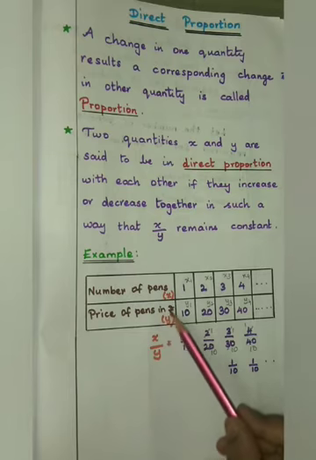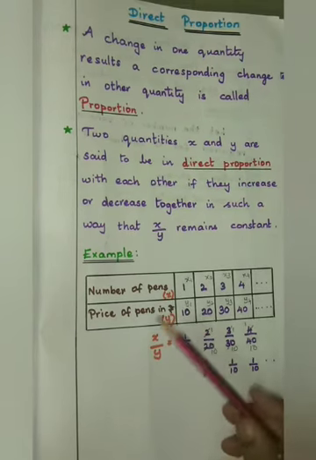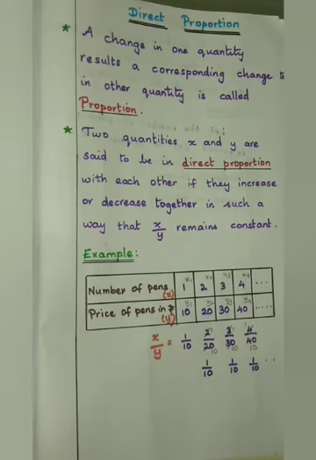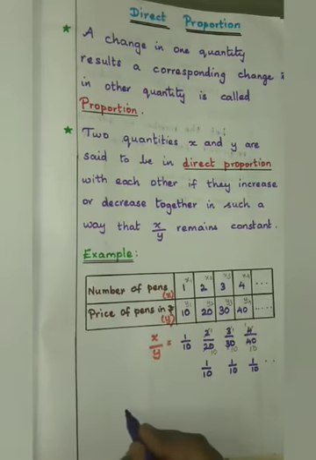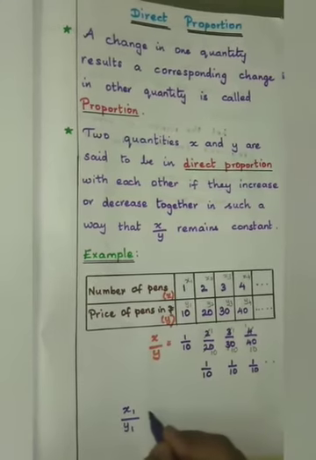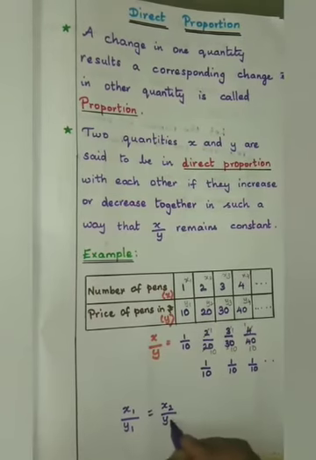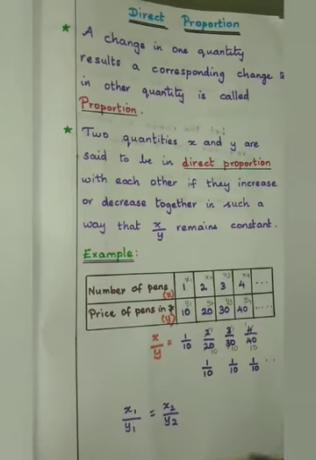So these two quantities are said to be in direct variation or direct proportion. So we can write x1 by y1 equal to x2 by y2. Using this, we are going to solve problems.